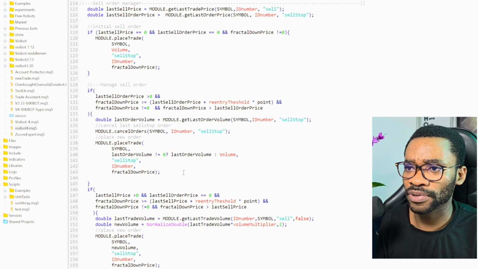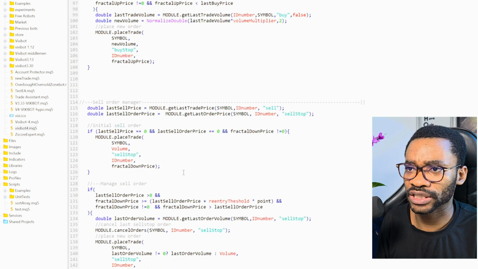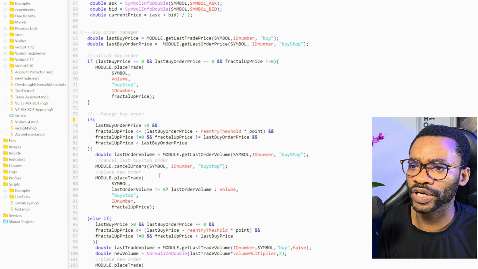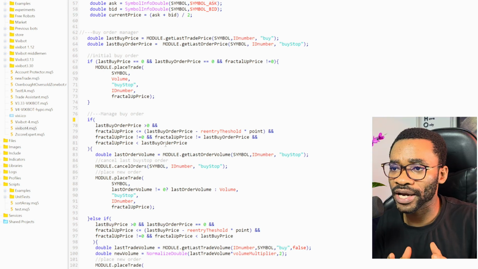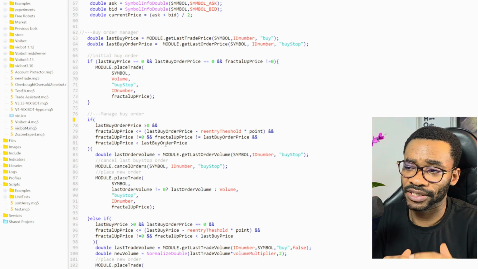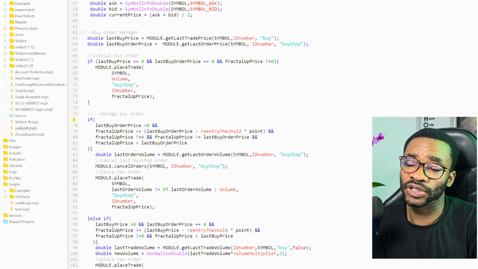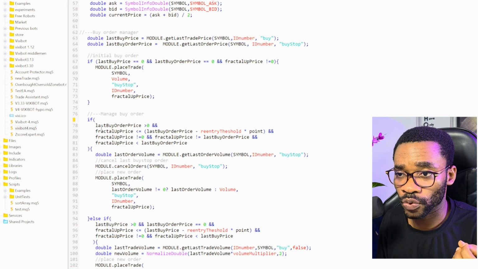So if you navigate back to this option where you see our manage by order, what we are actually doing here is checking if the order that we executed is a buy stop order and the price goes below the buy stop order and we have another fractal. That's what we are checking there.